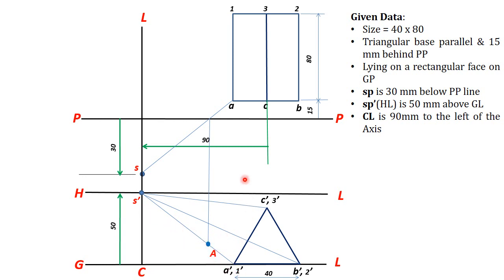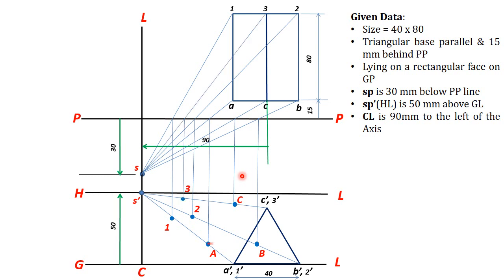You will get A. Okay, then follow these steps to find the other perspective points. You can find B, C, 1, 2 and 3.